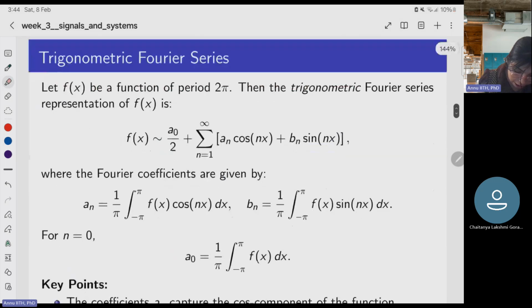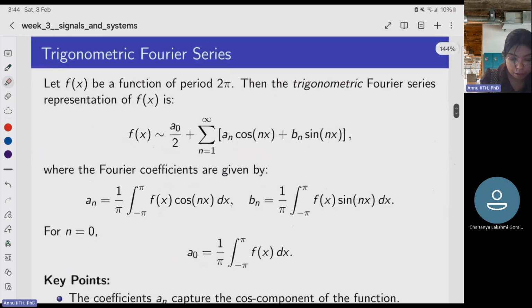Now, the trigonometric Fourier series. Any function which is periodic in the time domain can be represented as f(x) equals a naught by 2, plus the summation from n equals 1 to infinity of an cos nx plus bn sin nx.